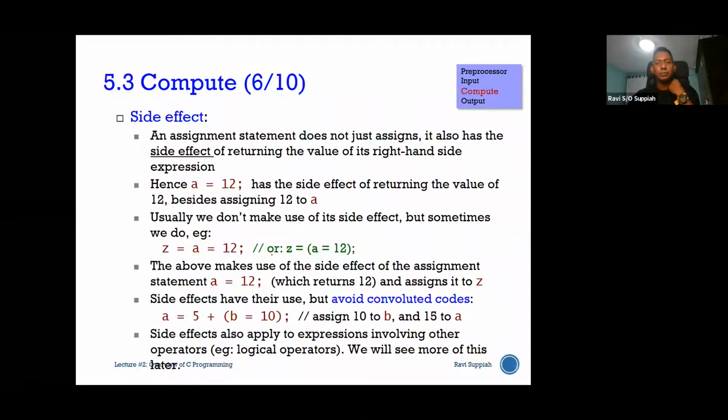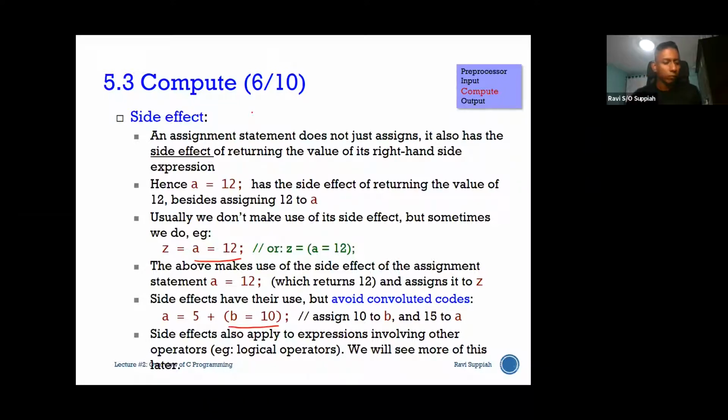Okay, so there is also a side effect of assigning. When you assign, it actually returns the value to you as well. So when you do, for example, a equals to 12, it gives you the value 12 back and you assign it to Z. Very similarly, if I do something like this, what happens is B equals to 10 is the assignment that is done.